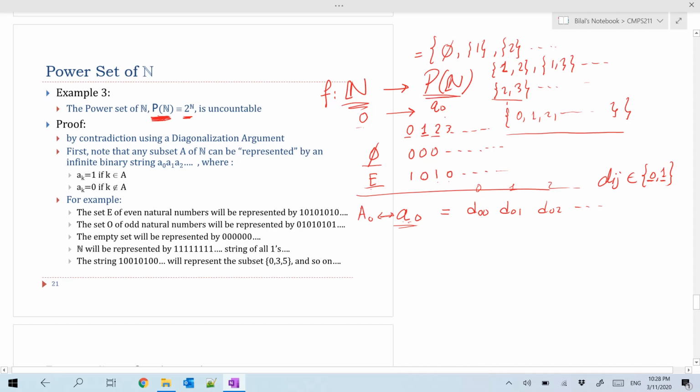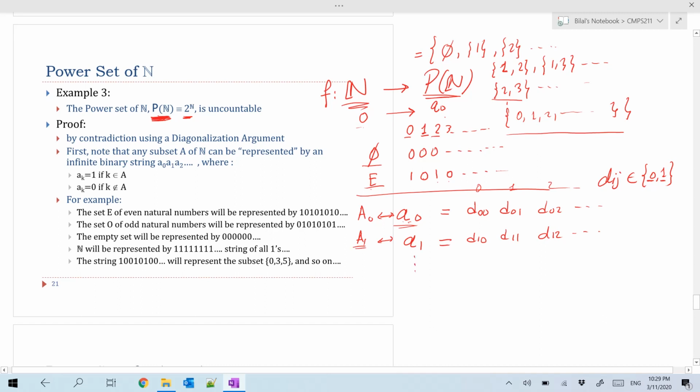Okay, good. So we can also use another sequence to define another subset of n. Let's call it A1. It corresponds to the sequence d10, d11, d12, and so on and so forth, where every dij is again a 0 or a 1 to denote that the corresponding integer in the set n is present or not in this subset A1.